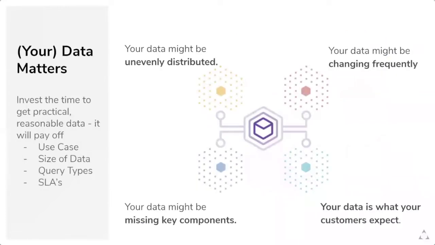So to drill down a little bit on why we press on your data, right? There's no shortage of LDBC benchmarks, and you can find a litany of comparison studies based on different data sets, but your data matters for your results. We've had instances where we're running benchmarks and all of a sudden we realize that the data is not distributed as evenly as we had thought, right?